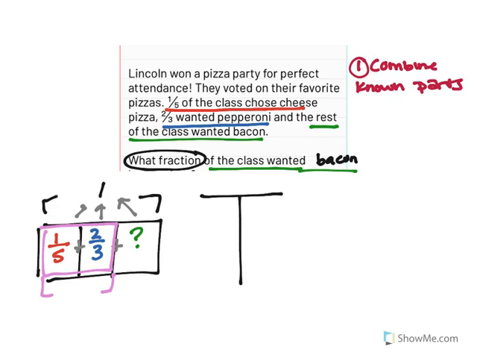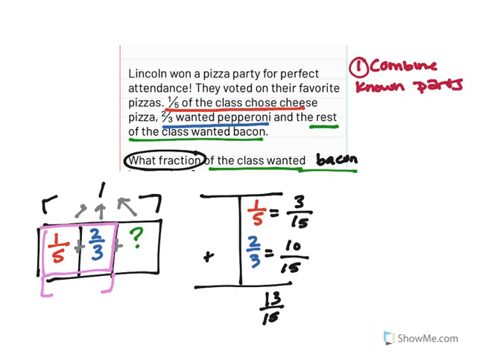We're going to combine 1/5 plus 2/3. Our denominators are different, so we would find the LCM of 5 and 3, and we'd find that the new denominator would be 15. So we have 3/15 plus 10/15. That gives me 13/15. So 13/15 of the class wanted cheese or pepperoni pizza.